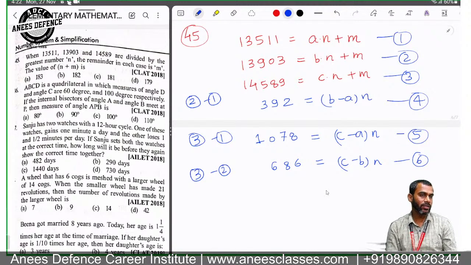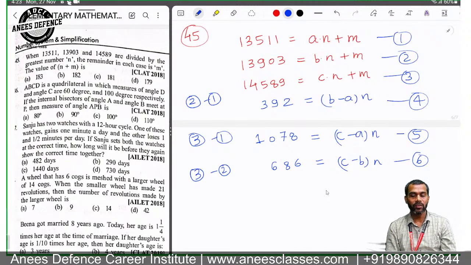Do you know the divisibility test of 7? We need to find out the difference between the number obtained by omitting the unit place and double of the unit place. So if you see 39 minus 4, that is 35, which is multiple of 7.